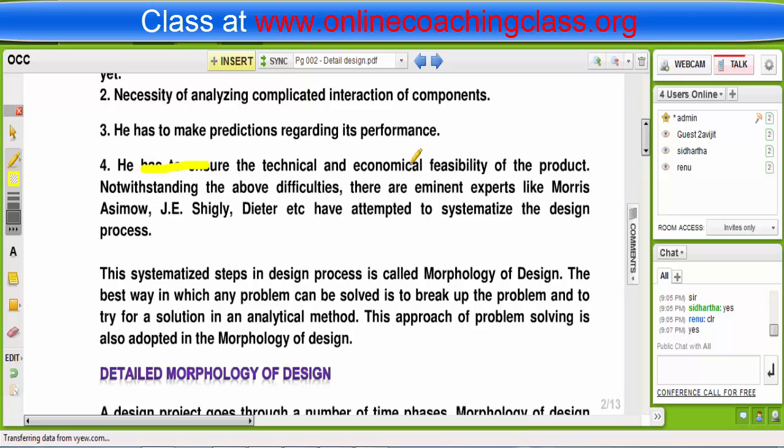He has to ensure the technical and economical feasibility of the product.